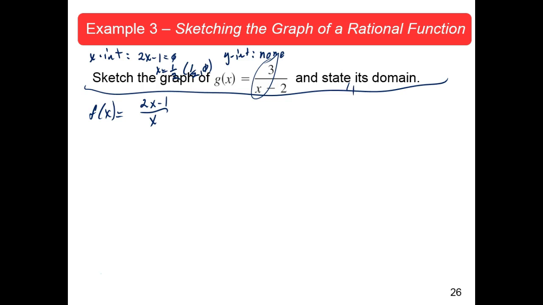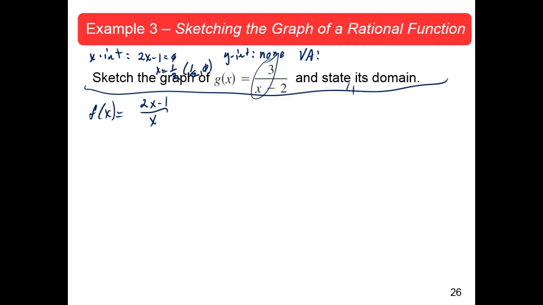So what do you want to try next? You got your two intercepts. Now we look for your asymptotes, and what do you want to draw first? Vertical asymptote.